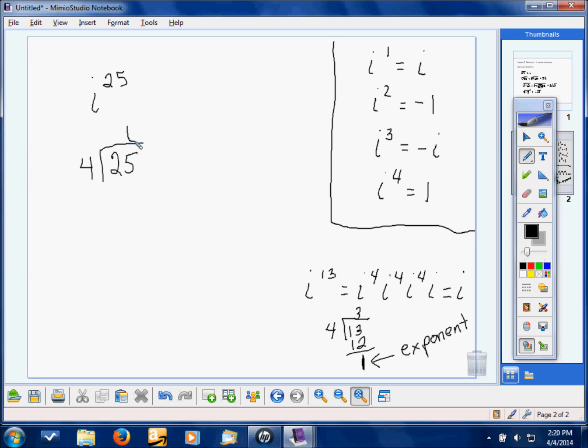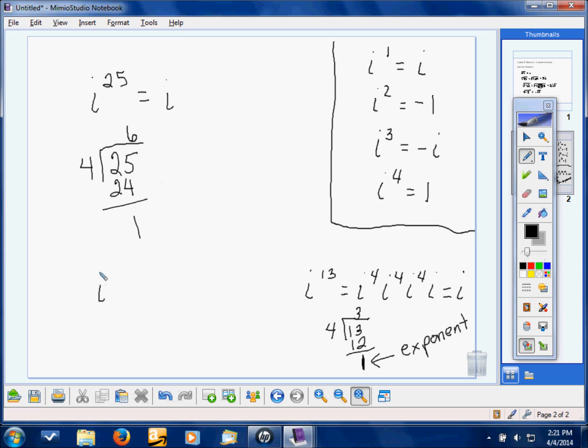So you have 6, and then you multiply, 6 times 4 is 24. You've got 1 left, so how much does i to the 25th equal? i, because this 1 is your exponent. That's how much is left over that doesn't get into those groups of 4. It's a really neat trick.